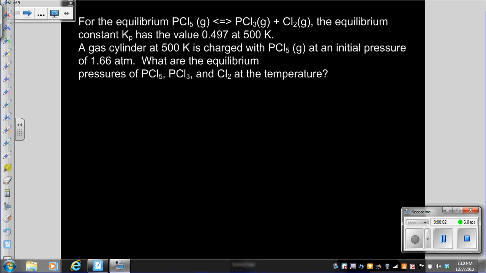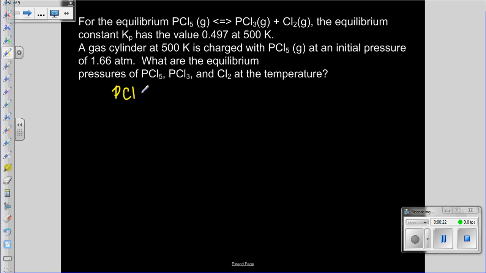Okay, this video has two example problems where we're using X to determine equilibrium pressures or concentrations. So the first thing we're going to do is write the balanced equation.